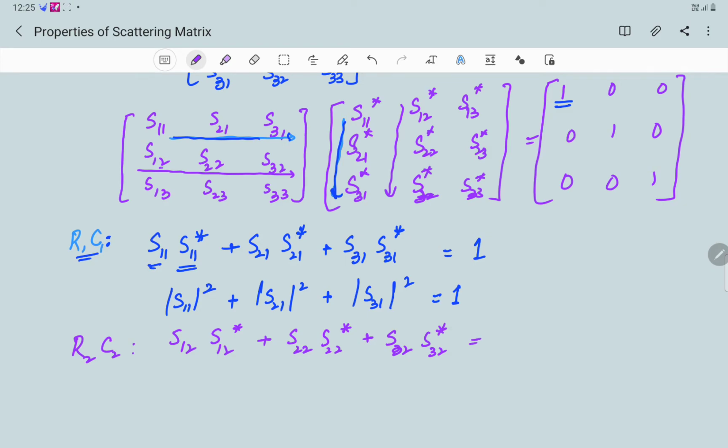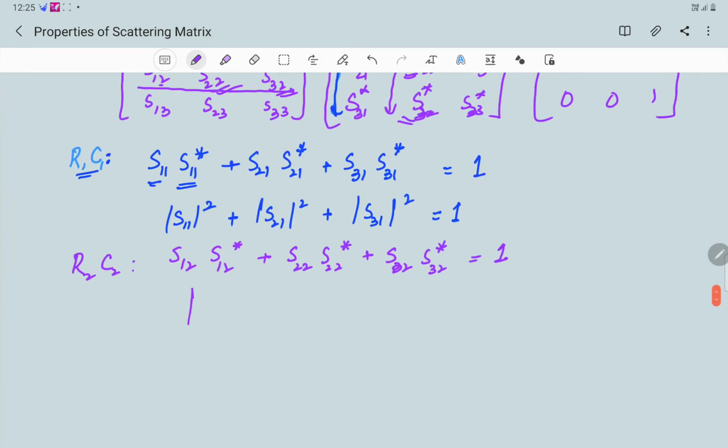I multiply S12, S22, S32 with their conjugates, row 2 and column 2. Again, corresponding to this, I have another diagonal element 1. So I can write modulus of S12 square plus modulus of S22 square plus modulus of S32 square is equal to 1.